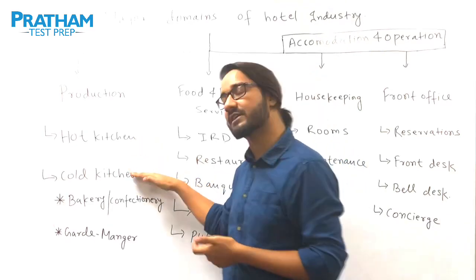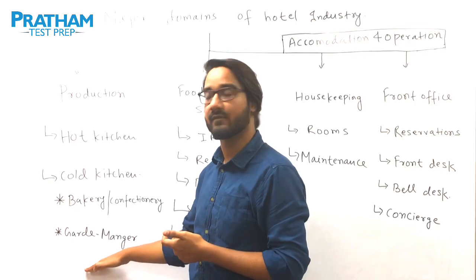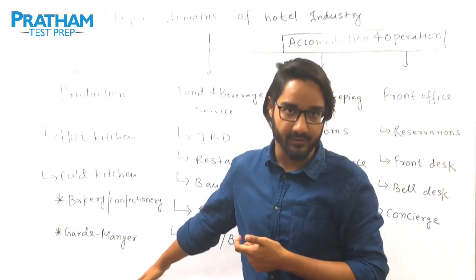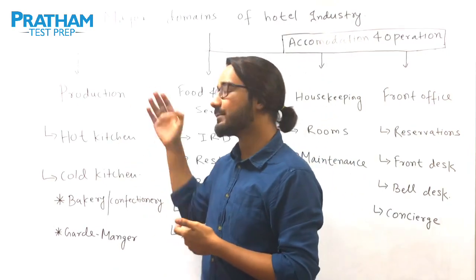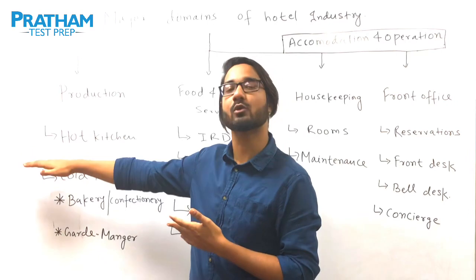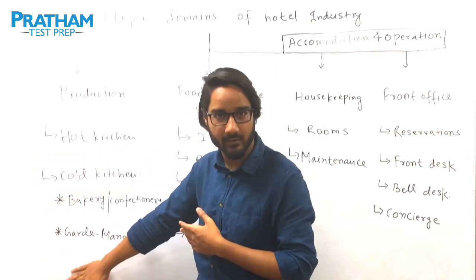Then comes the cold kitchen, where you have your bakery and confectionery for your bakery stuff, and your garde manger for your salads and everything. Once you apply for your kitchen, you'll have to choose your field, whether you want to opt for the hot kitchen or the cold kitchen.